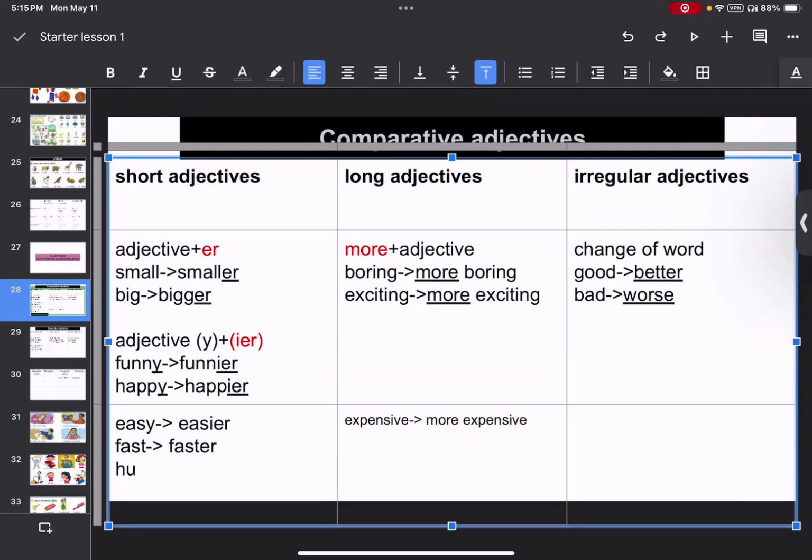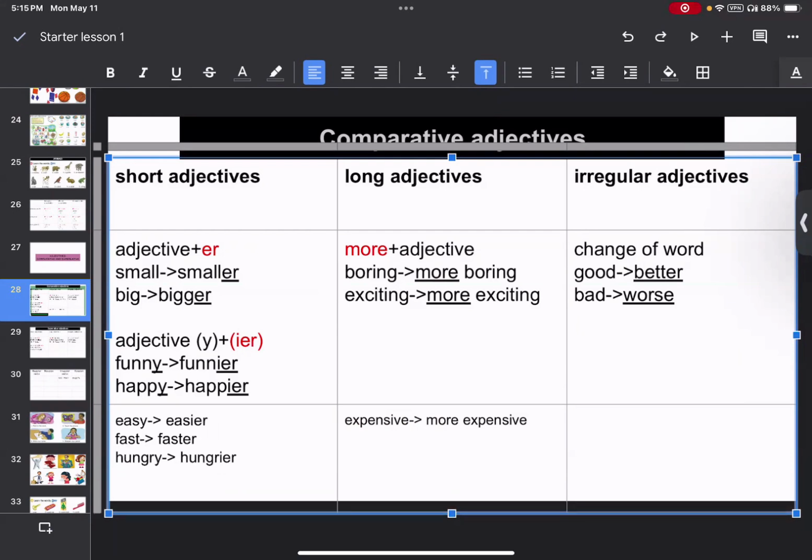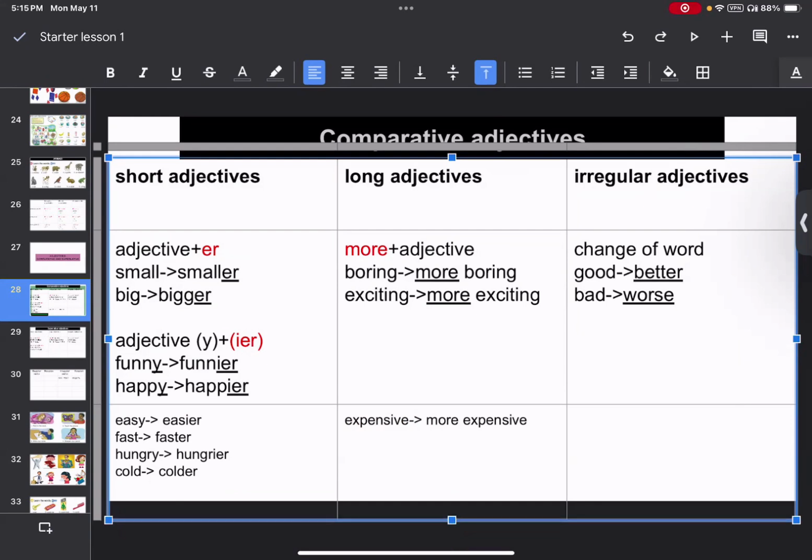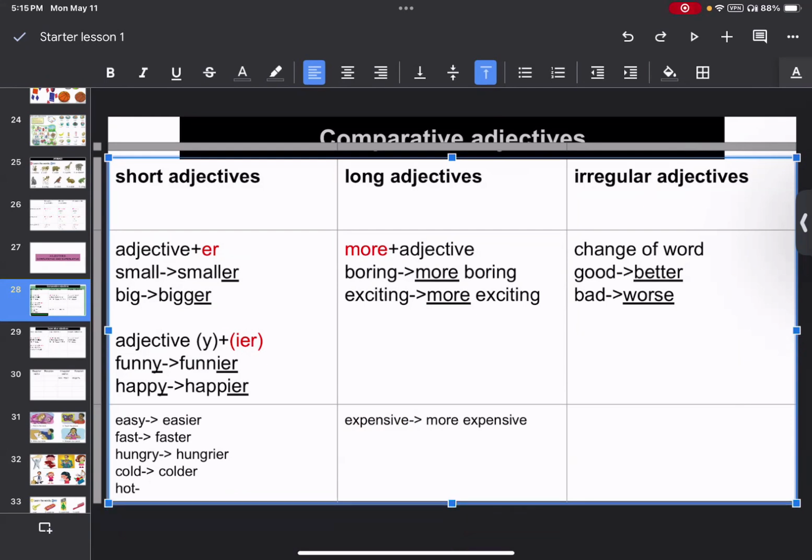Hungry has like 6 letters, and it ends with the Y, so we have hungrier. And then good. We already have good, better. Cold. That's cold, colder. Then hot, that's the last one. Hotter.